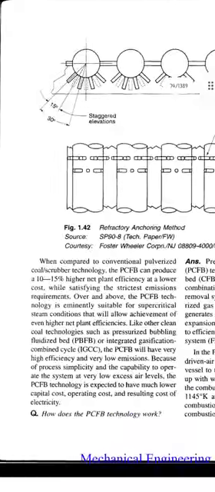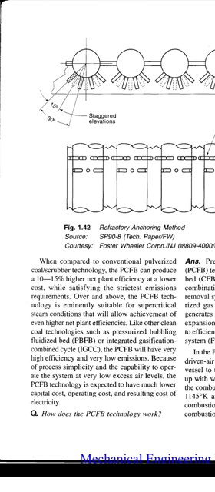So the continuation. When compared to conventional pulverized coal scrubber technology, the PCFB can produce 10 to 15 percent higher net plant efficiency at a lower cost, while satisfying the strictest emission requirements. Over and above, the PCFB technology is eminently suitable for supercritical steam conditions that will allow achievement of even higher net plant efficiencies.